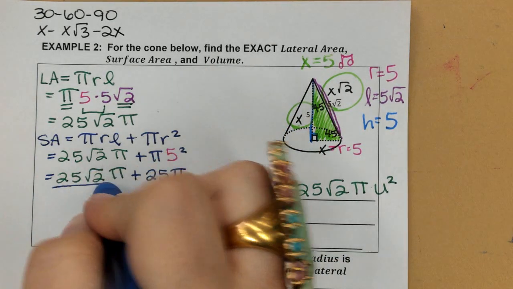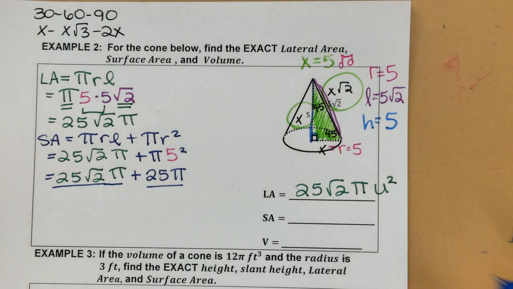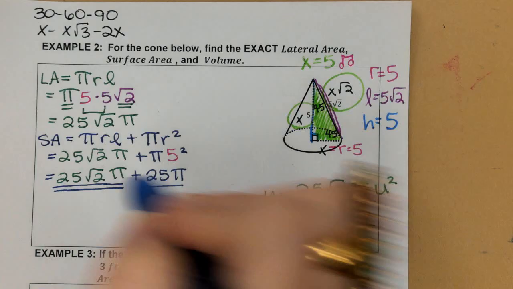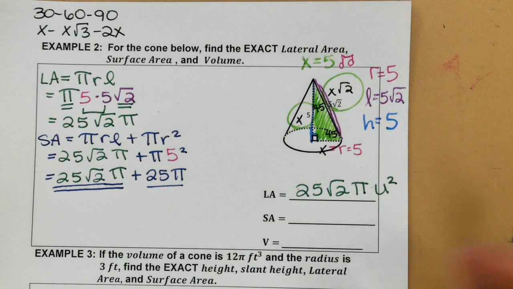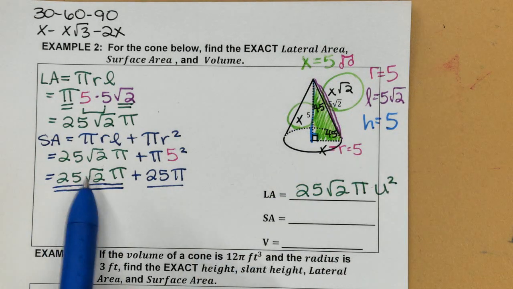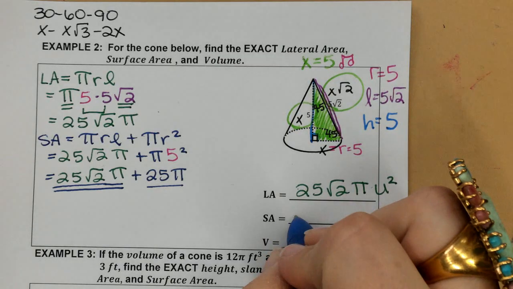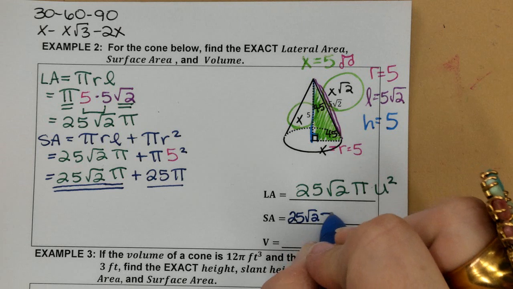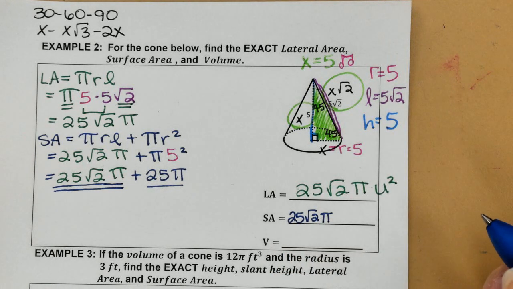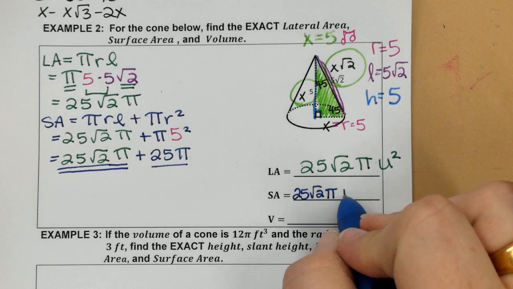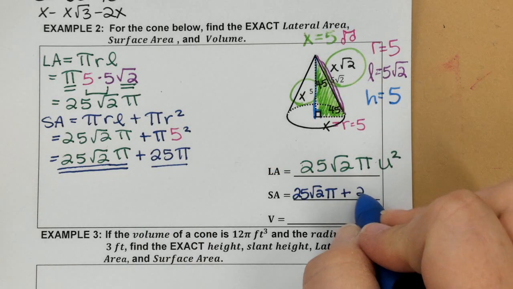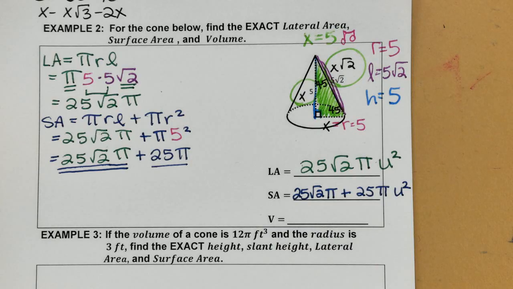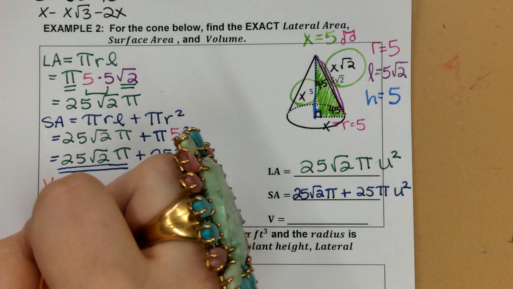Do they both have pi? Yes. But this one has a square root and this one does not. So remember, when they are like that, they are not like terms. So I will leave this as 25 square root of 2 pi plus the 25 pi, and units are squared.